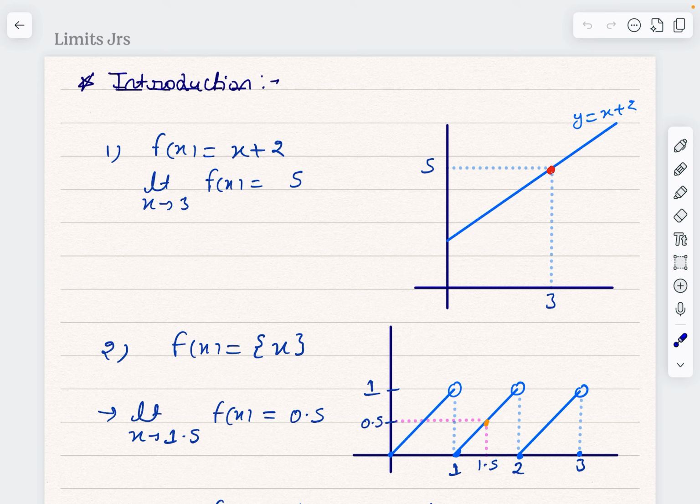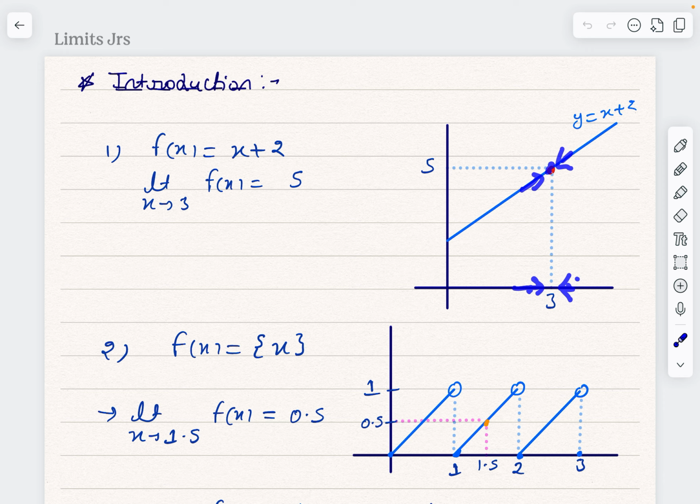If you approach 3 from the left side, you see the value is approaching 5. If x approaches 3 from the right side, the value is approaching 5 from the right side. So no matter from where you approach 3, the value of the function is approaching 5. So this is the basic idea of what we are doing in limits.